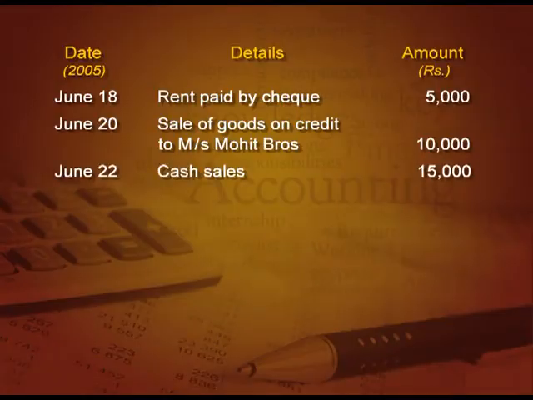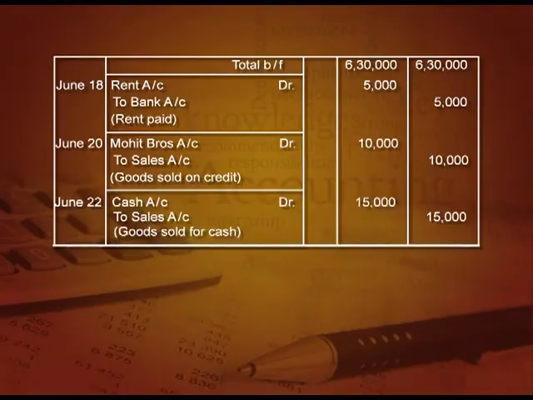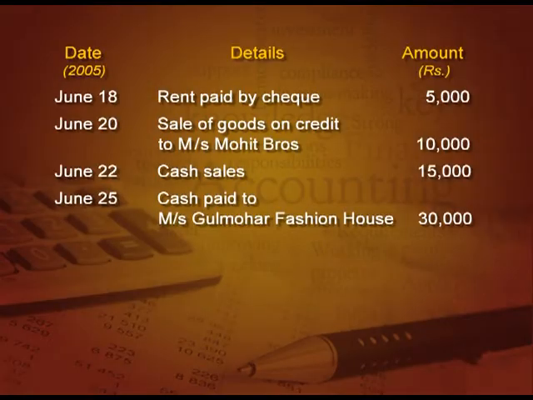Next, cash sales 15,000. The entry will be cash account debit to sales 15,000. In the cash account we will be writing to sales 15,000 and in the sales account we will be writing by cash 15,000.